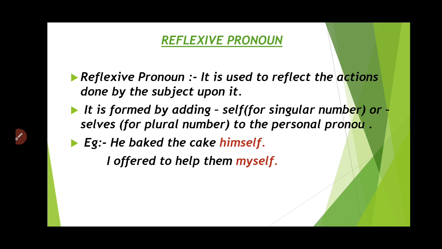That means when we are writing a sentence, a subject is doing some actions upon itself, upon himself, upon herself. So, that action is again reflected with the help of reflexive pronoun. A reflexive pronoun is used in a sentence to show the action that is done by the subject to himself, to itself.